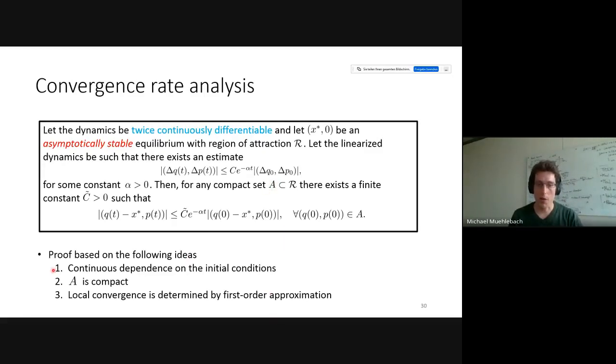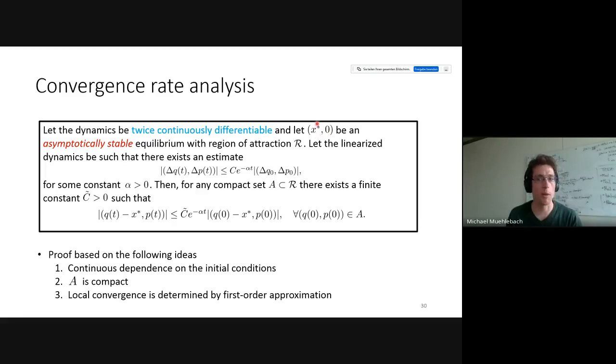These two properties combined can be used to guarantee that there's a maximum time until trajectories starting from the set A will reach a neighborhood of the equilibrium. So we can conclude that there's a finite time after which trajectories starting from A will be in an epsilon neighborhood of this equilibrium.